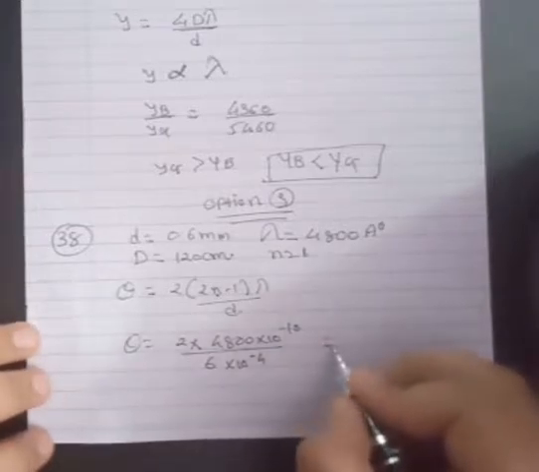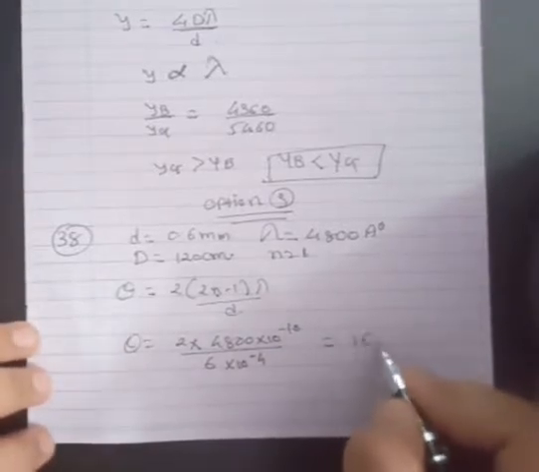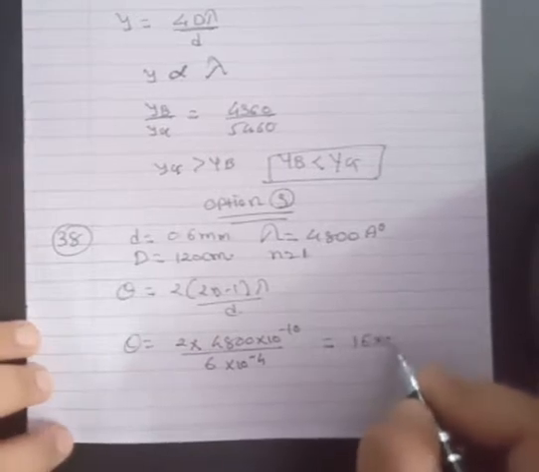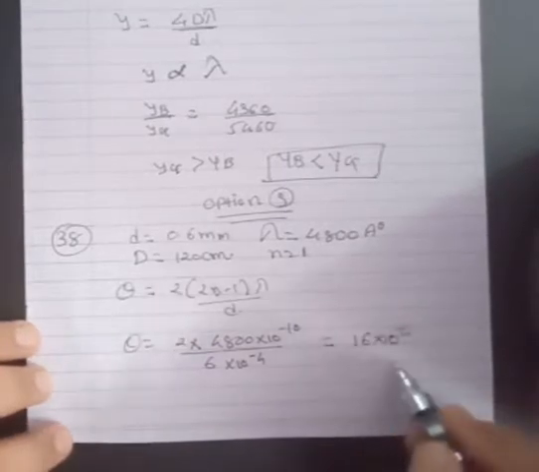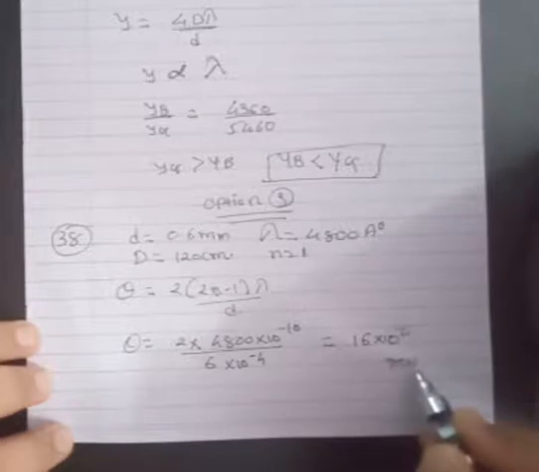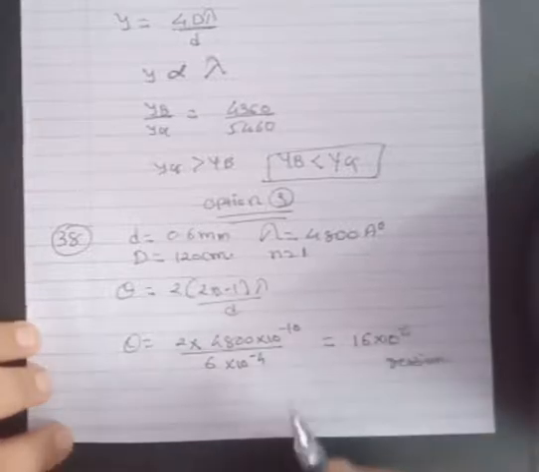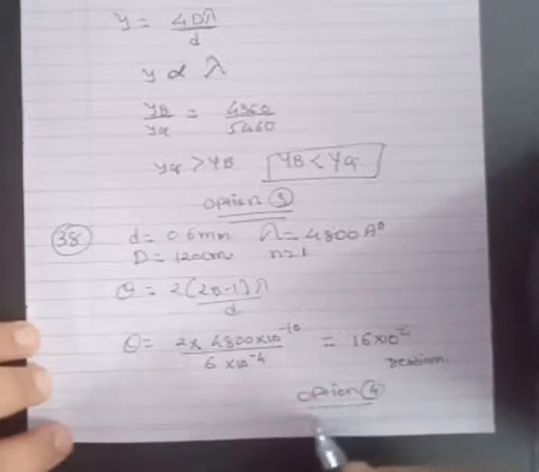Simplify this, we will get the answer 16 into 10 power minus 4 radian. So option 4 is the correct option.